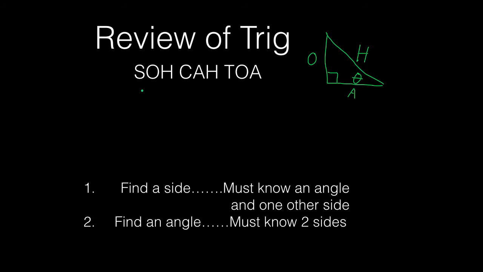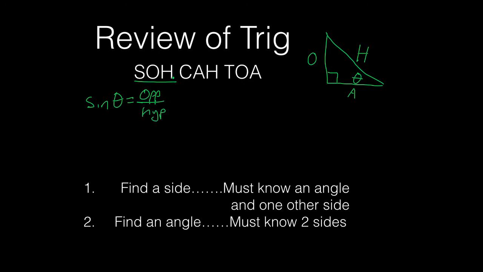And then one of the most useful mnemonics in trigonometry is this one, SOHCAHTOA. If you remember SOHCAHTOA, it's very useful, and what it stands for is sine of theta is equal to opposite over hypotenuse. So opposite divided by the hypotenuse.